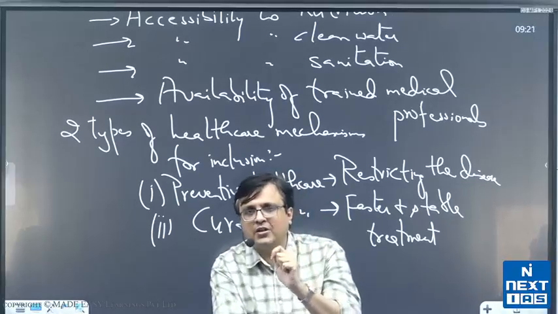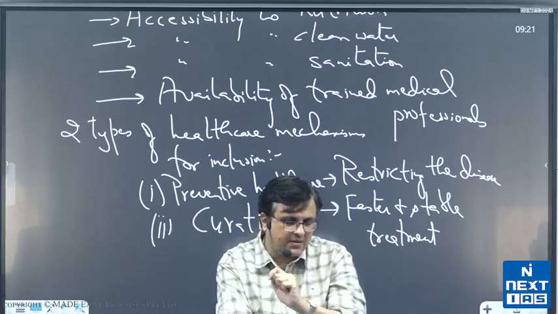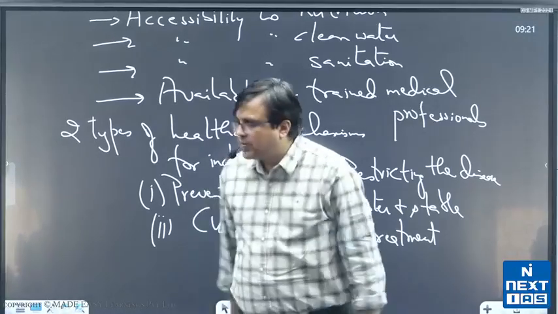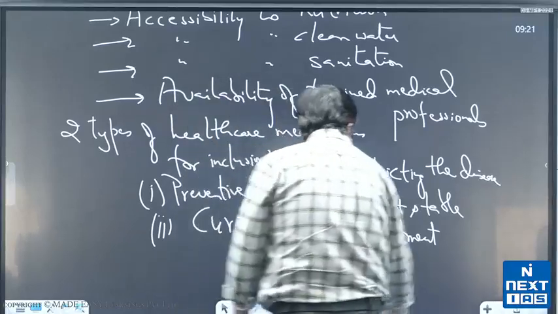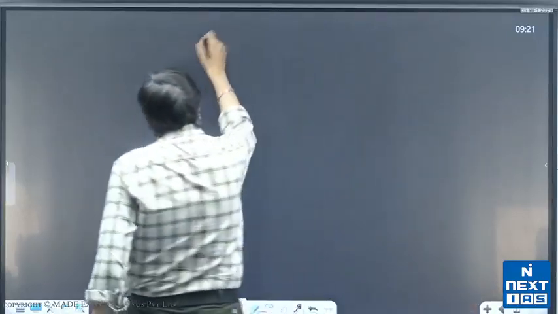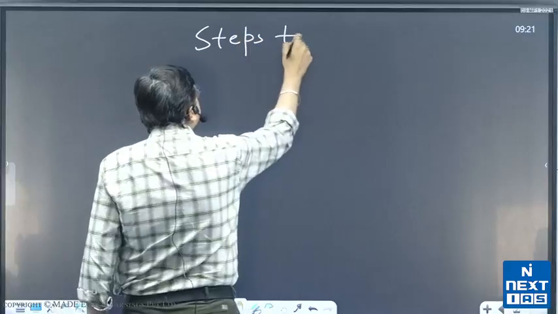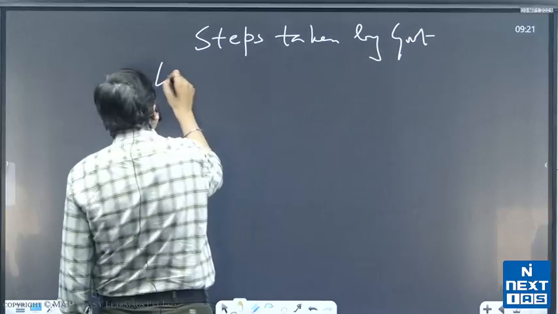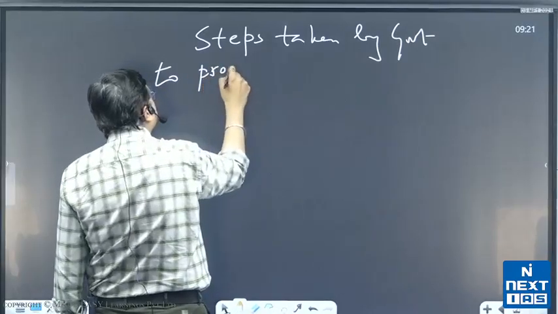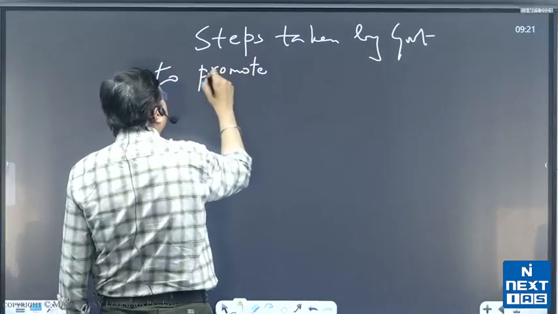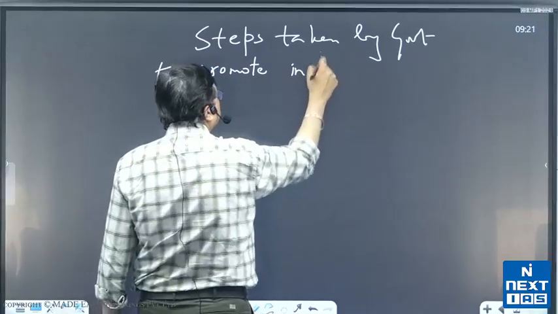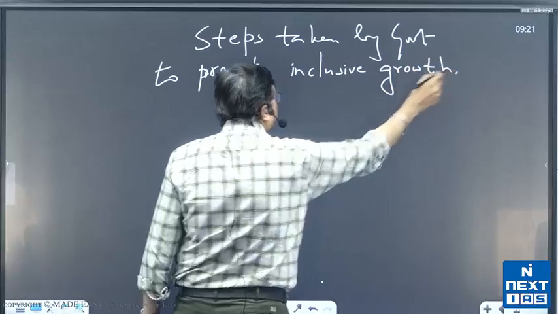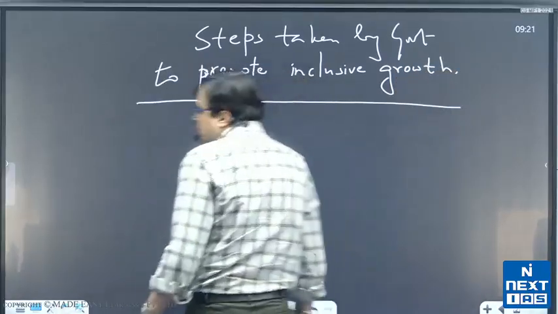Now you give a heading, you write, steps taken by government to promote inclusive growth.